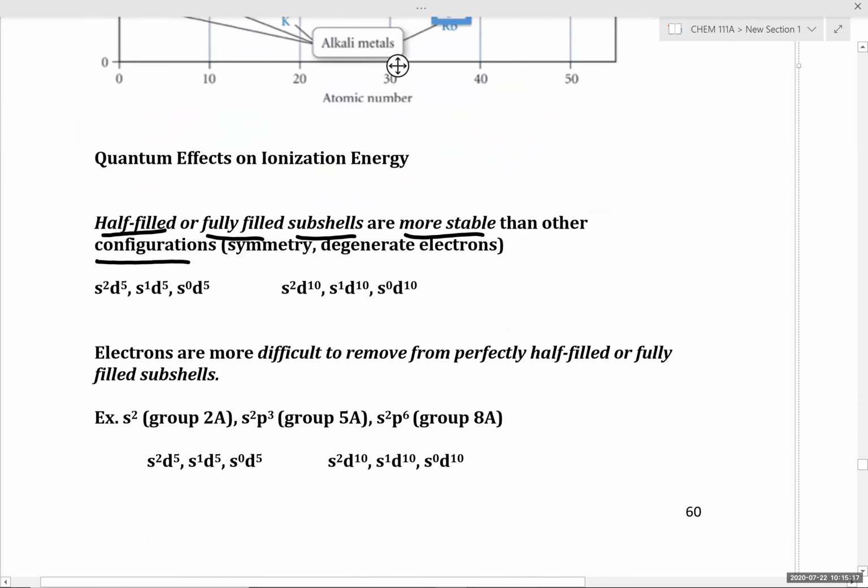So this is due to both symmetry arguments and the fact that we have degenerate electrons. So this is partially why d5 and d10 configurations are especially stable.